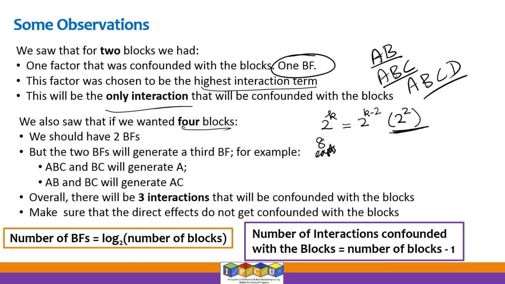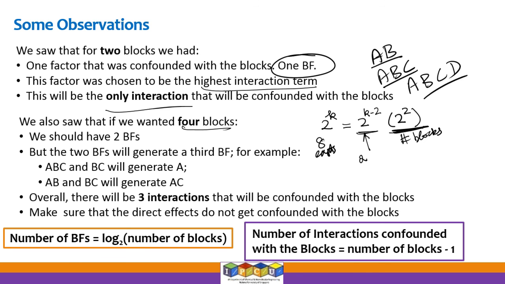We wanted it in 4 blocks, therefore that is 2 to the power of 2. So this is the number of blocks represented as 2 to the power of something. This would be the number of experiments that will be assigned to each block. So when k is equal to 3, 2 to the power of 3 minus 2, which is equal to 2. So you had 2 experiments in each block. Makes sense, right? 4 blocks, 2 experiments in each block, giving a total of 8 experiments.